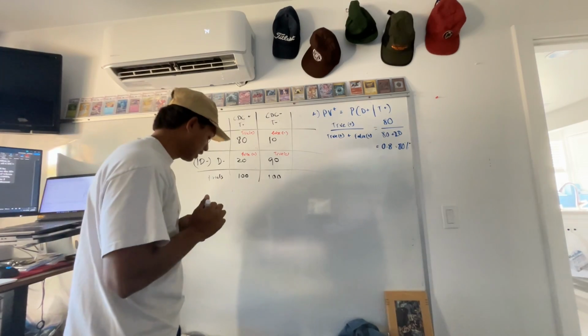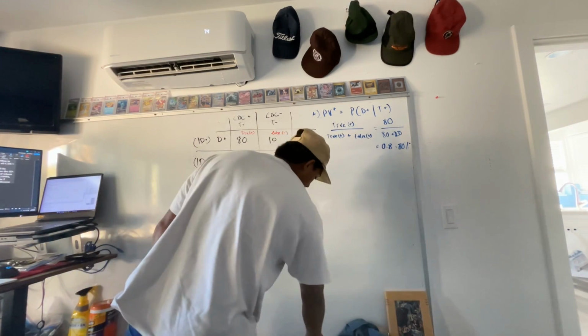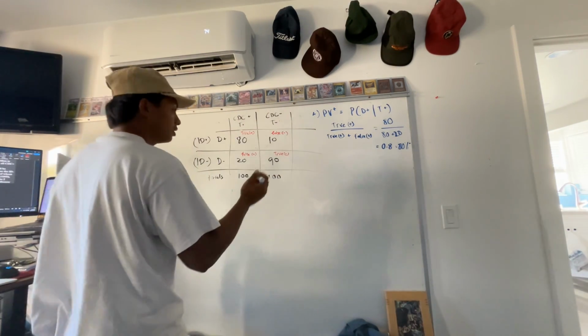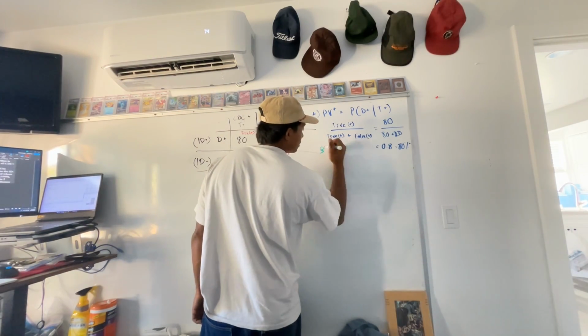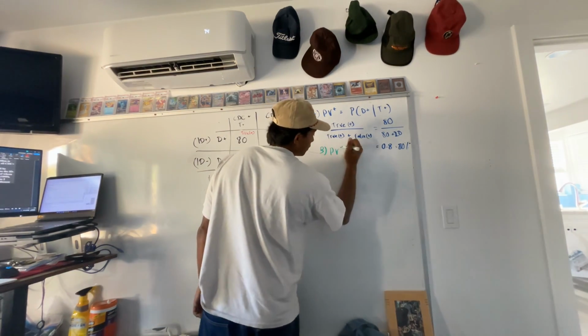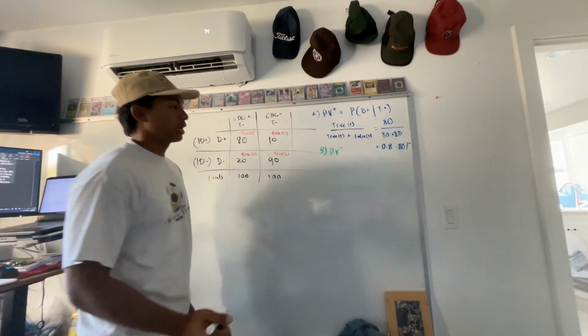All right, let's go ahead and do part B. Part B asks us, what is our PV negative? Our negative predictive value, okay?